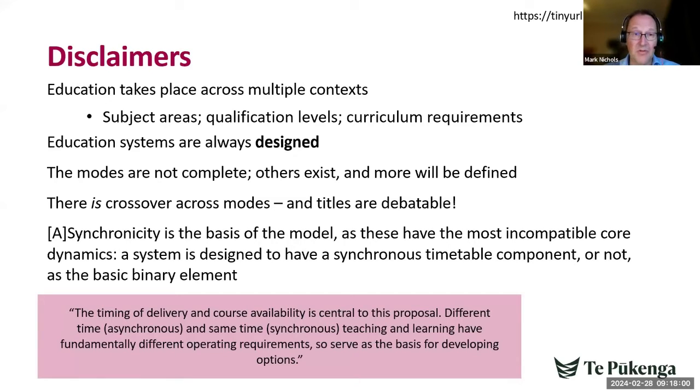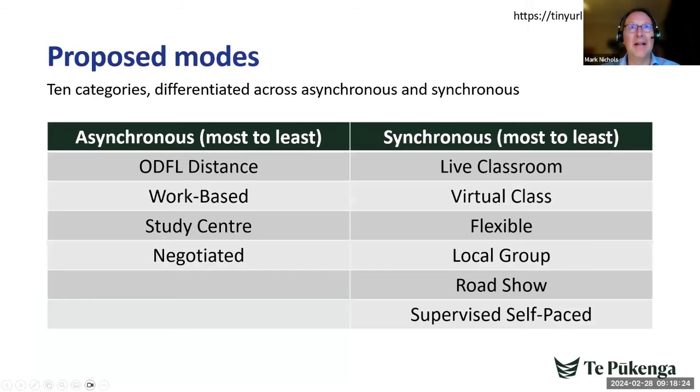Because if a timetable is required, there are immediate assumptions made clear about the teaching and learning process. If there's no timetables, teaching and learning take place on a very different design. So as we'll see, the 10 different modes initially identified are characterized based on whether they are at heart asynchronous or synchronous in nature. And without further ado or disclaimer, here they are.